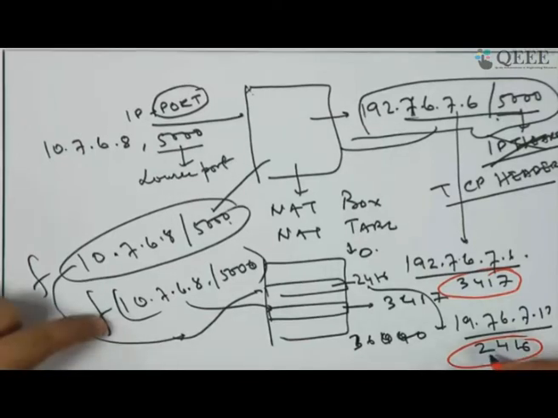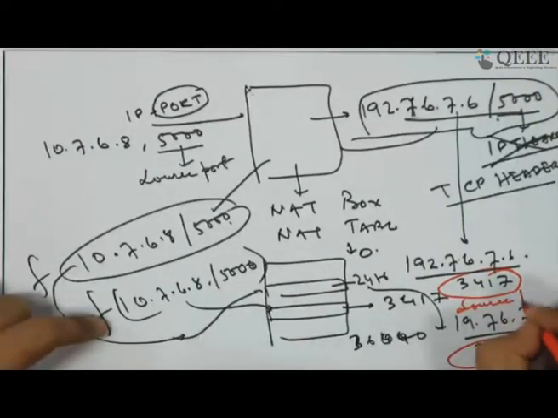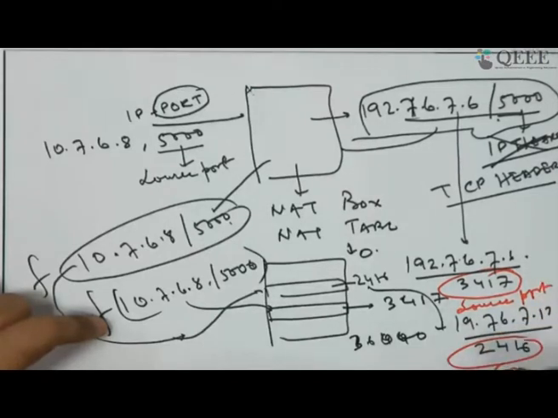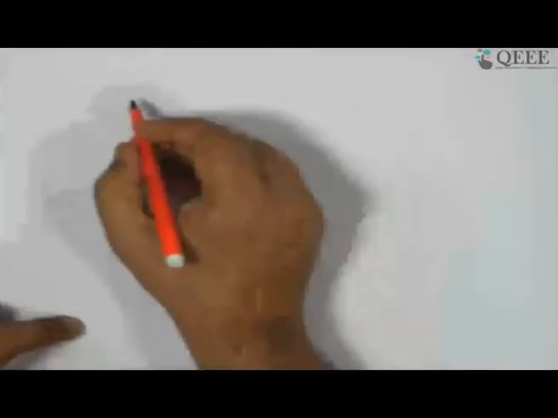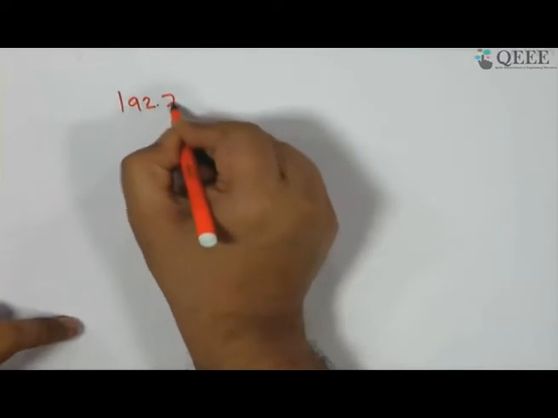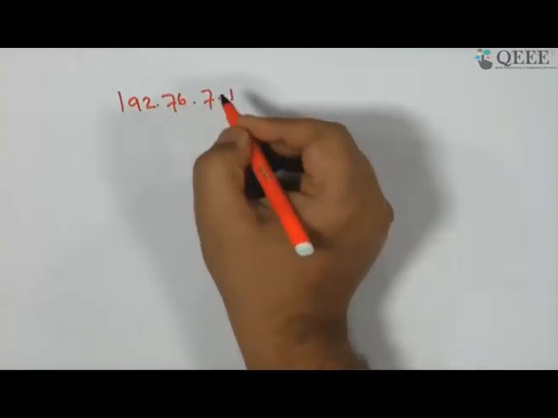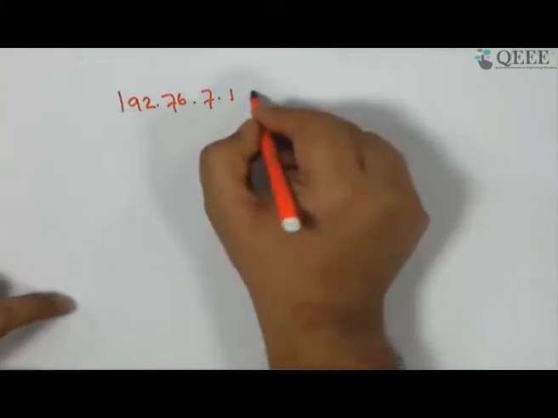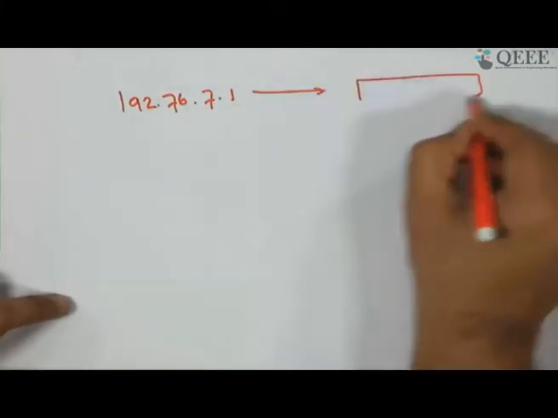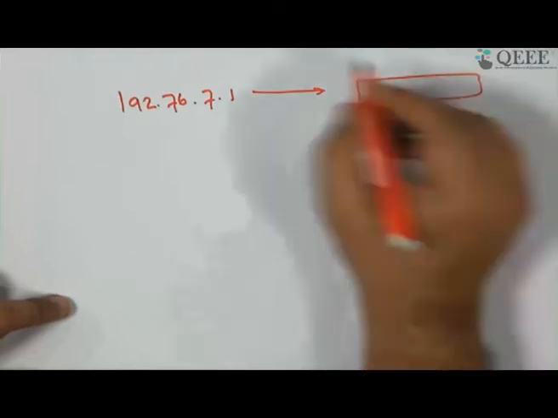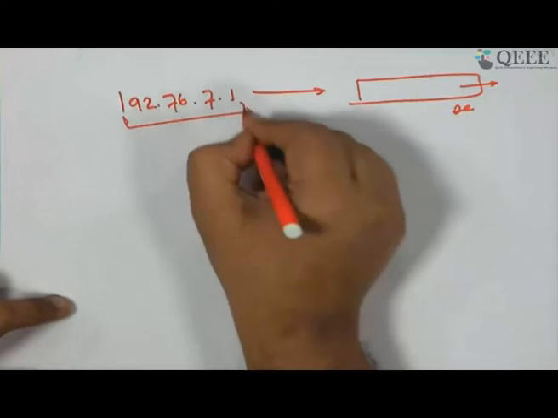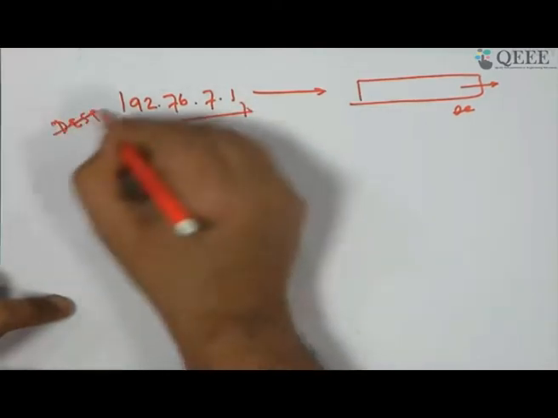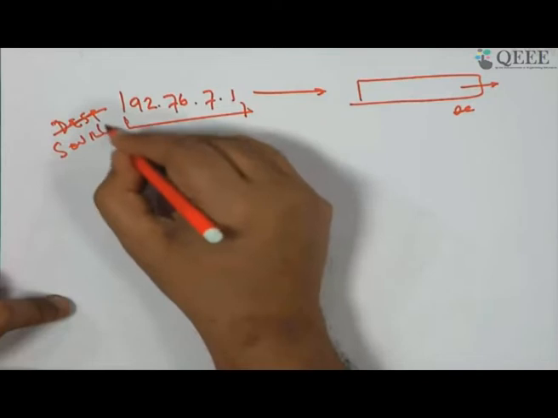And this is the source port. So what is happening with this source, 192.76.7.1? You are going to some service. This is the source IP and source port.